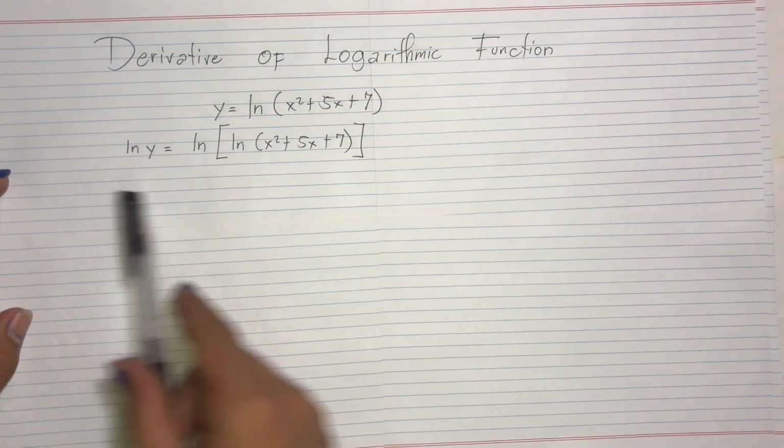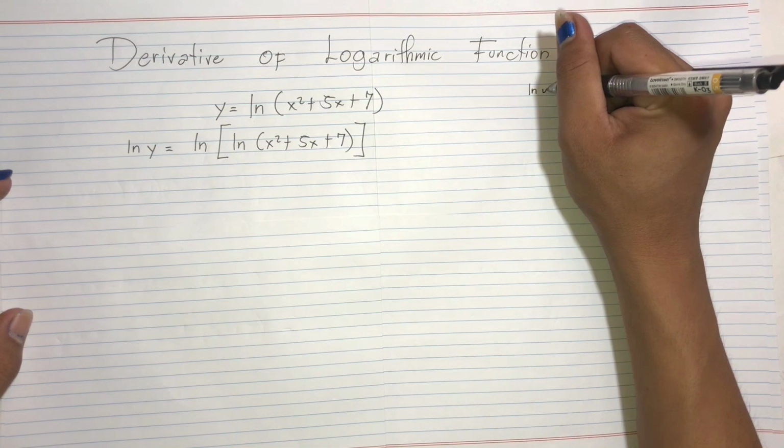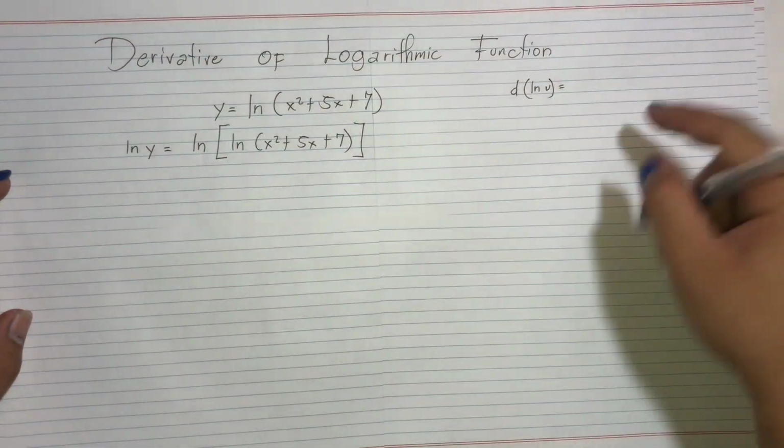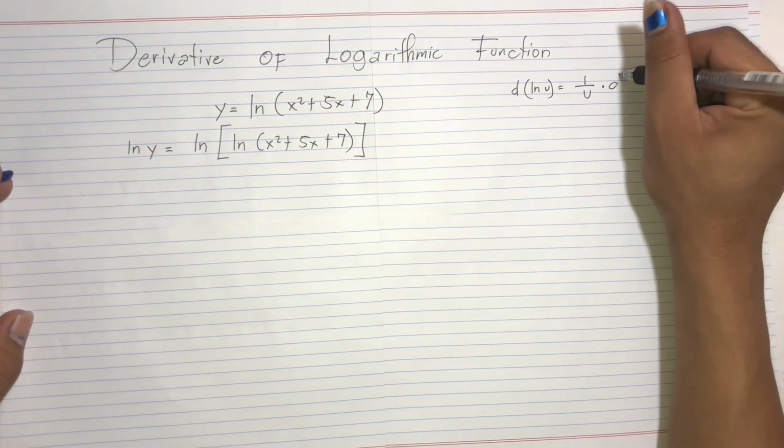How would we differentiate this? The derivative of ln of u is equal to 1 over u times the derivative of u.